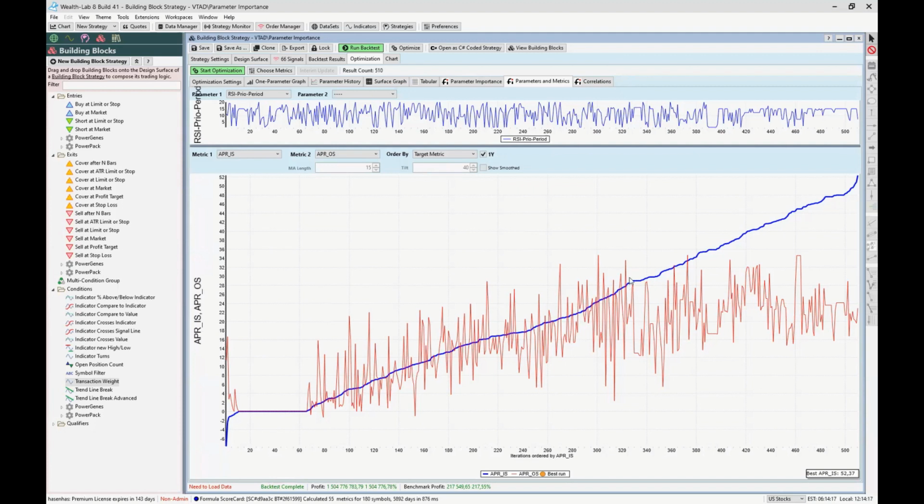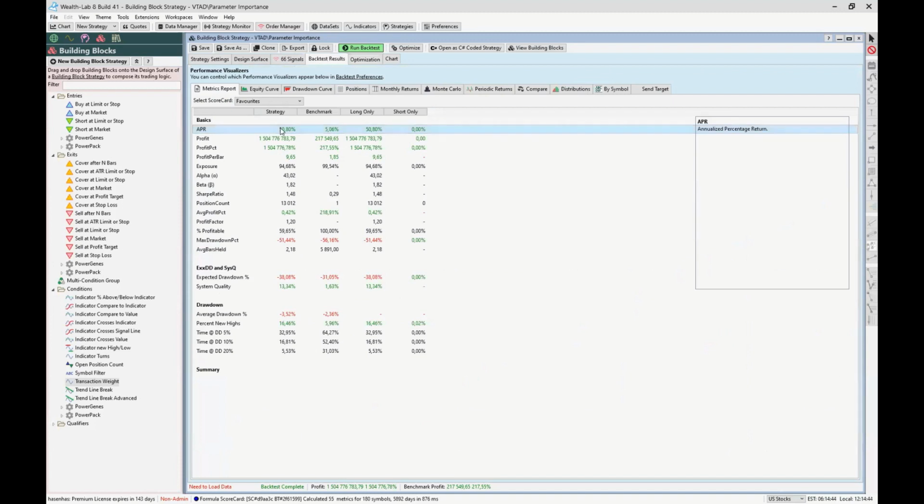So from here to the right-hand side, everything is over-optimized. This is not real, what you can see here. So what you have to do now to avoid this over-optimization, because if you are a rookie trader, let's say a rookie backtester, you have here your results and you are happy.